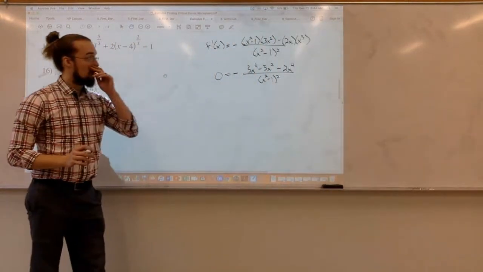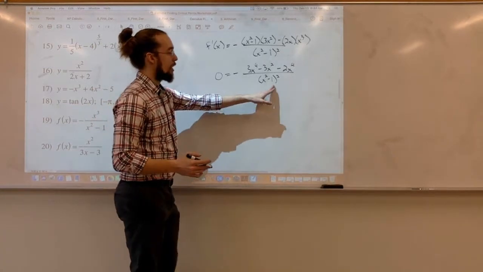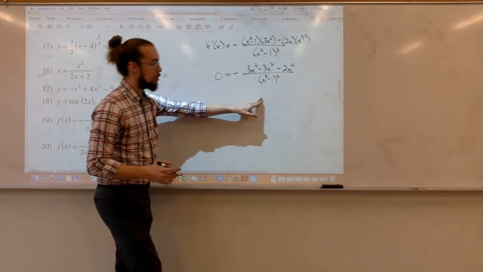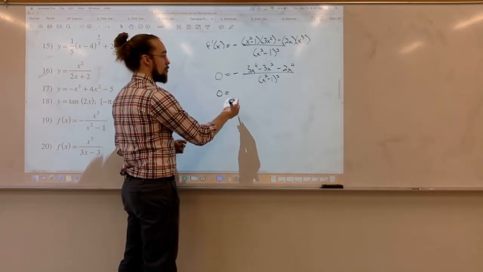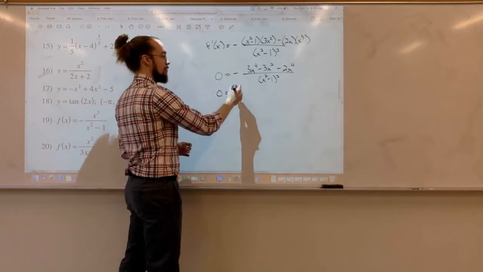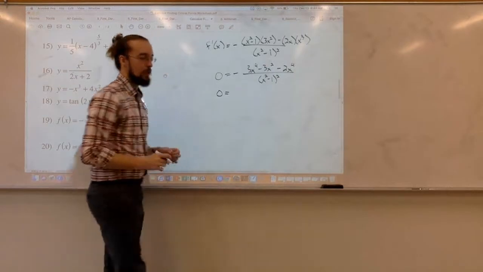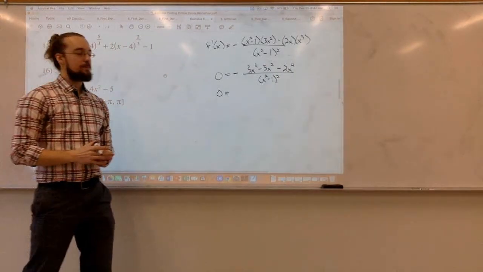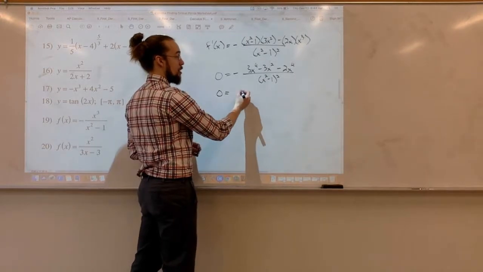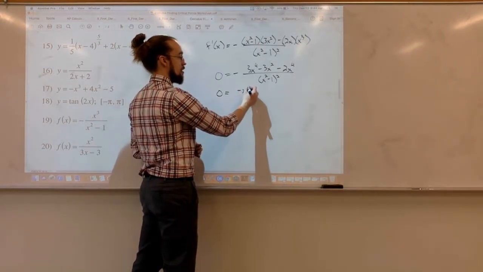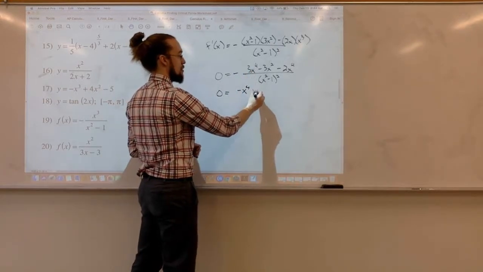So I can even clean this up a little bit more. I'll go ahead and multiply both sides by the denominator as well. That will cancel out the denominator. So I'll end up with negative 3x to the 4th minus a negative 2x to the 4th, which would be negative 1x to the 4th, and then plus 3x squared.